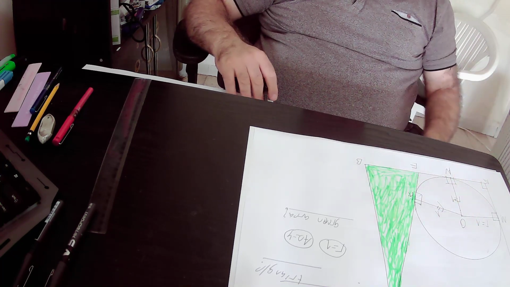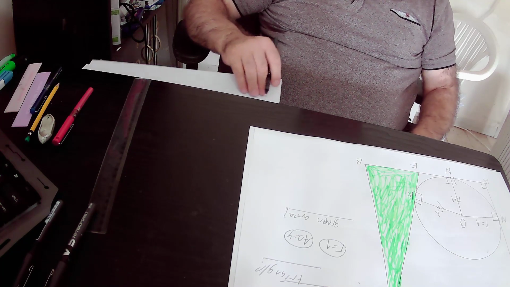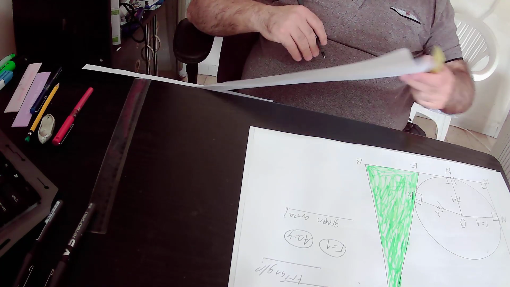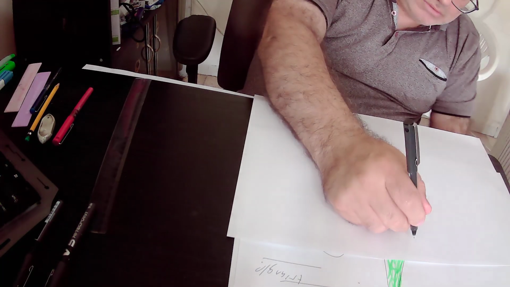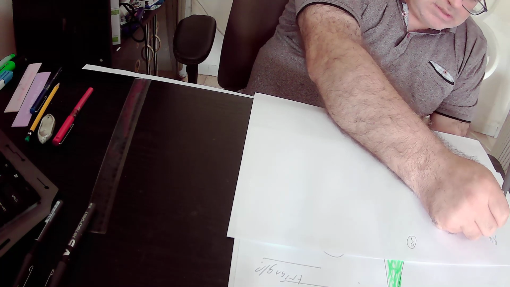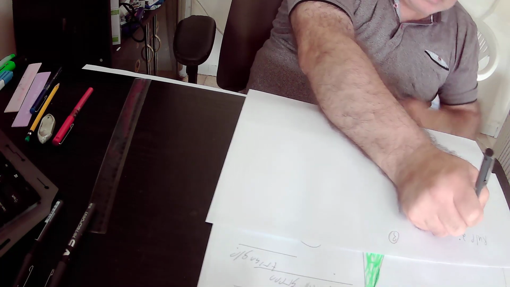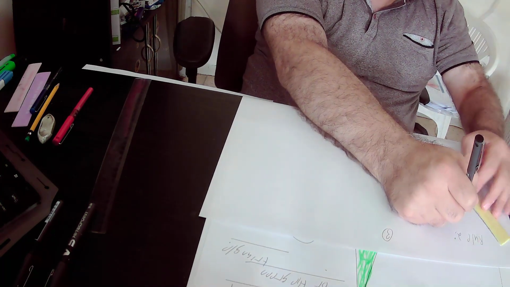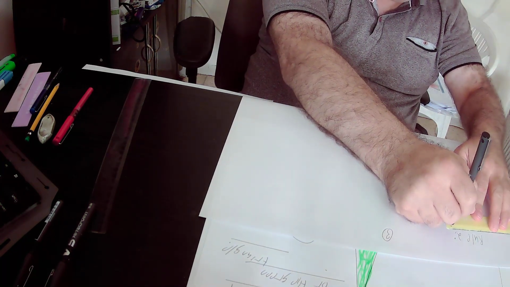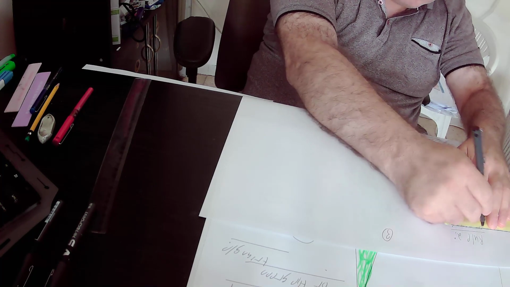In the next step, I will present to you a new rule, rule number 2. According to rule number 2, the sum of the angles in any quadrilateral is equal to 360 degrees. I will repeat, I write it down.